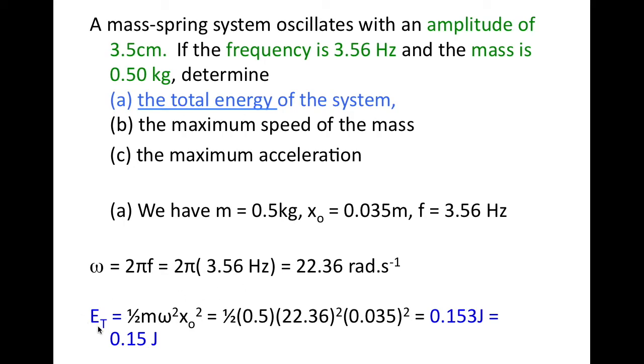We plug that into our equation for the total energy, and the total energy is going to be 1/2 m omega squared x sub 0 squared. When we plug all of our information in, we get a total of 0.15 joules after you take into account significant figures.